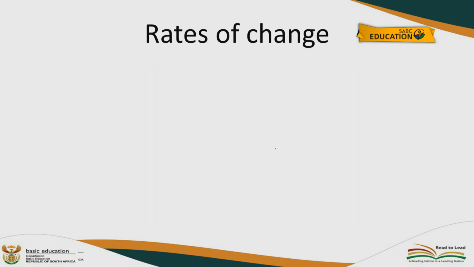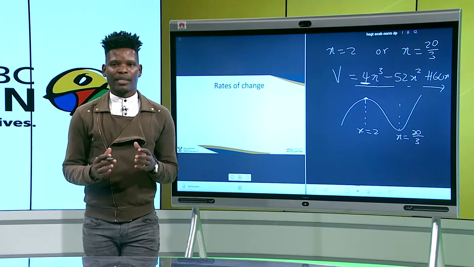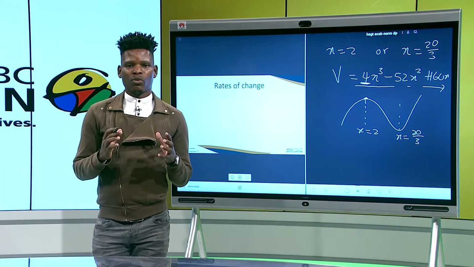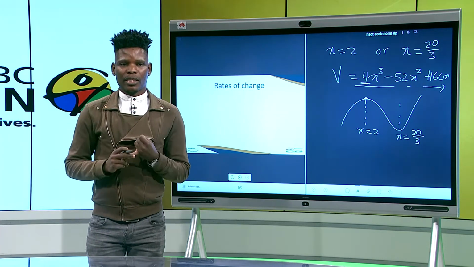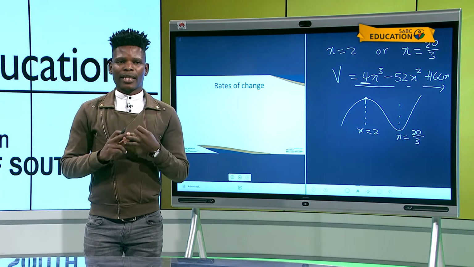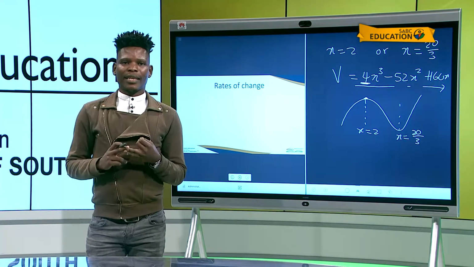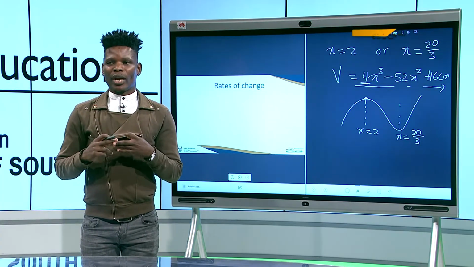Now, that is what you are supposed to do when you are dealing with questions that deal with minima and maxima. The first thing that you must do is to find an expression to represent your quantity, so you have a functional representation of your quantity. The second thing is to find the derivative of that expression, and then you equate it to 0.